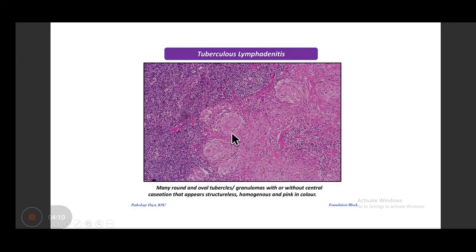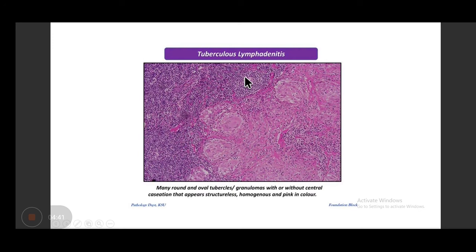We saw these tubercles. In TB, our granulomas are also called tubercles, right? We are seeing these round and oval tubercles with or without central caseation. So here we are seeing caseation. We have this eosinophilic amorphous material. This is your Langhans giant cell. And you know, the older granulomas can be surrounded just by fibroblasts and connective tissue. It's not necessary that we always get a complete collar of lymphocytes.